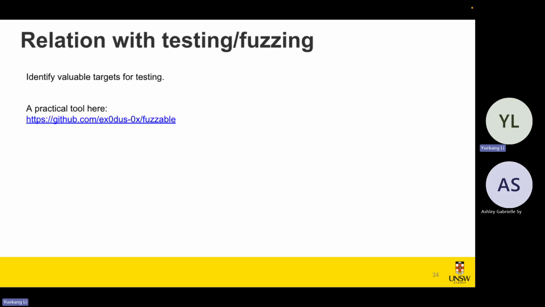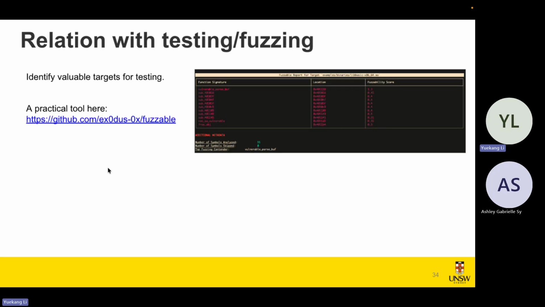For example, this is a practical tool. Given a large project, it can scan through the project function by function and list down a prioritized list of functions for you to conduct testing. You can see it calculates a vulnerability score, which is kind of like a prediction of the existence of vulnerabilities.